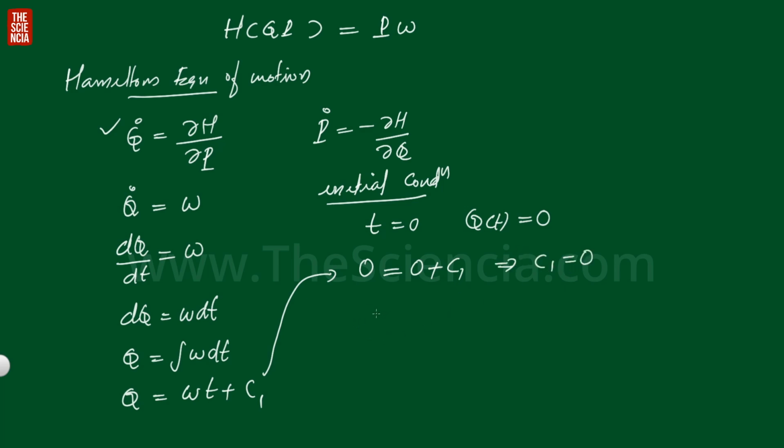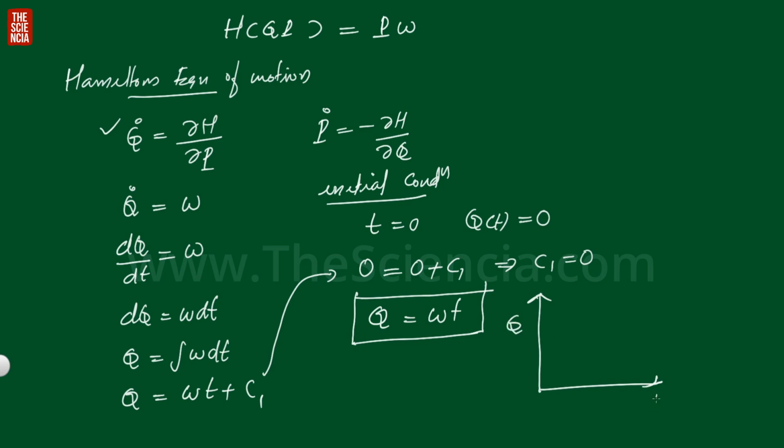So we get the final equation for Q as Q is equal to omega t. That means if we draw a graph between Q and t, we get a linear graph. So as time increases, Q increases. So this graph represents the time evolution of the coordinate.